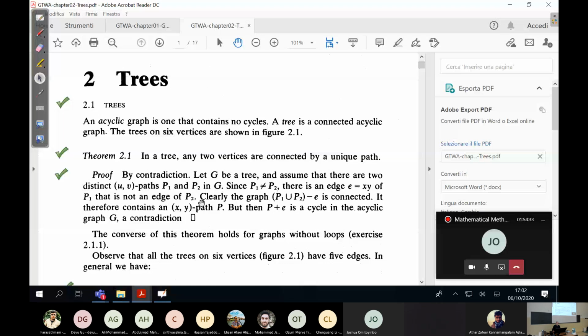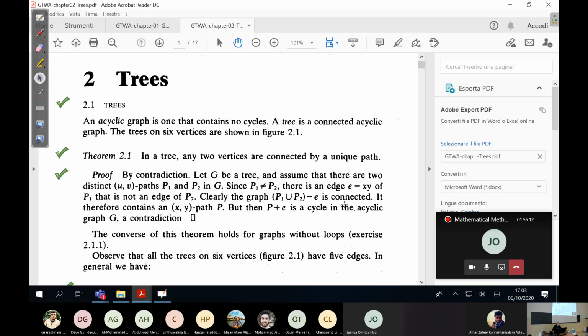Now take the graph given by the union of vertices and edges of P1 and P2, okay? And what? Take away edge E. This is connected. Why? Because even if you have broken path P1, you still have path P2 through which you can go from each vertex to each other vertex of the graph.